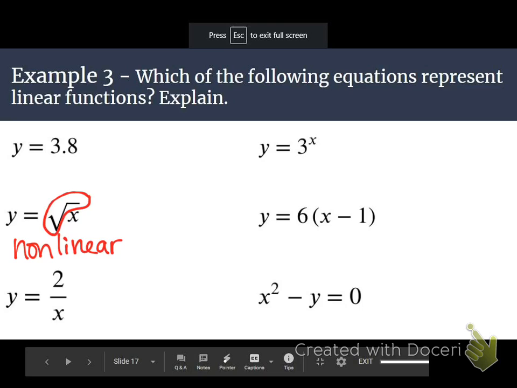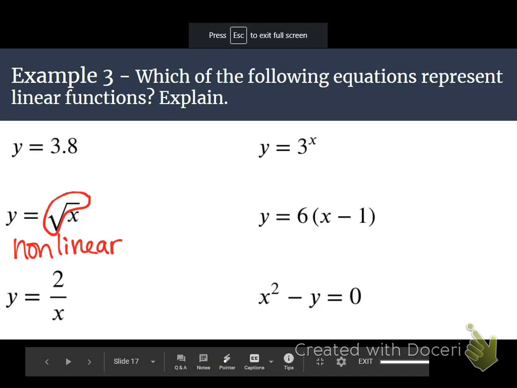Janaya? So every time something is like a radical sign or like a 3x sign, is it automatically nonlinear? If it's the variable that's there. So yes, if the variable is in an exponent or the variable is under the radical, that's true.